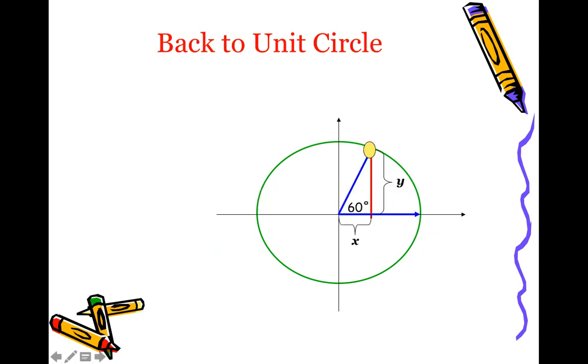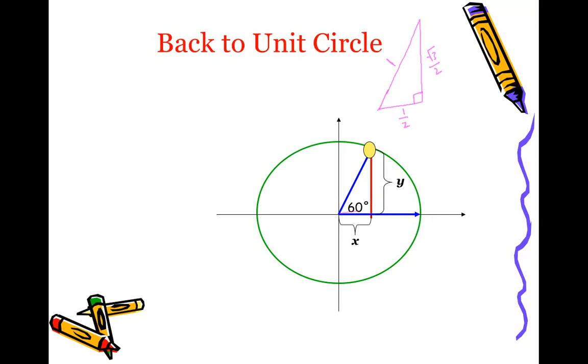What about if we look at a 60-degree angle, our last special angle? So here, the radius is 1, but this is the 30 degree. This is the shortest side, so this is the side that's going to be 1/2, and this side will be root 3 over 2. So what is this coordinate point going to be?